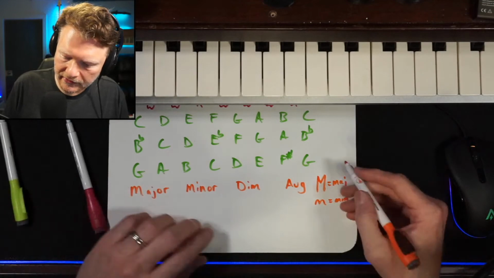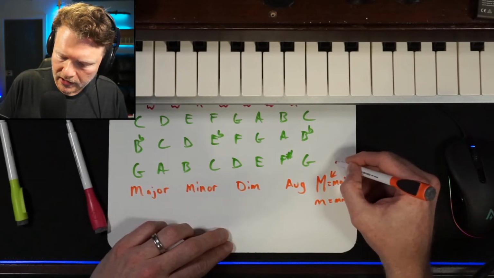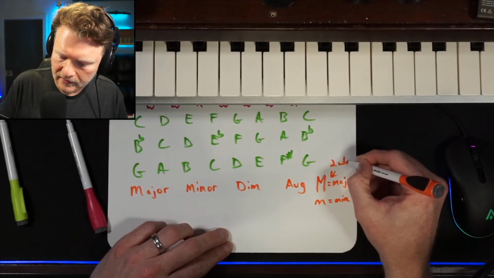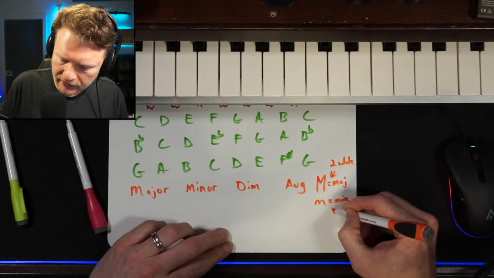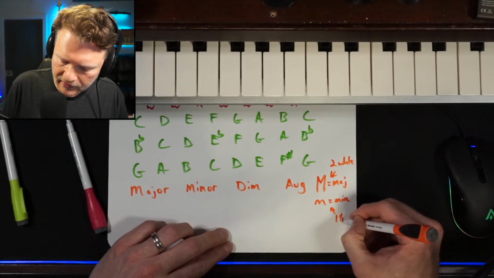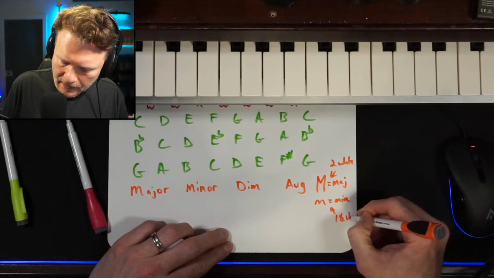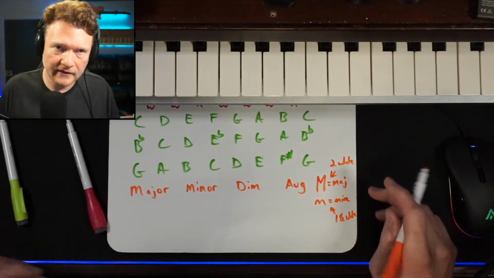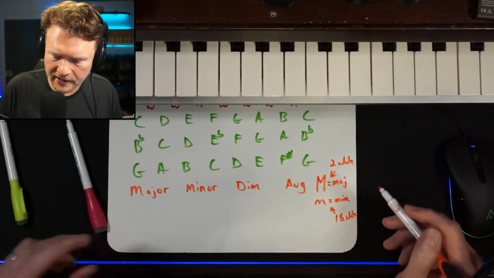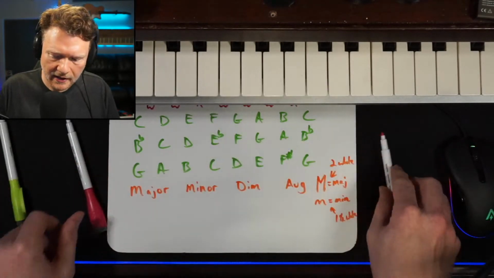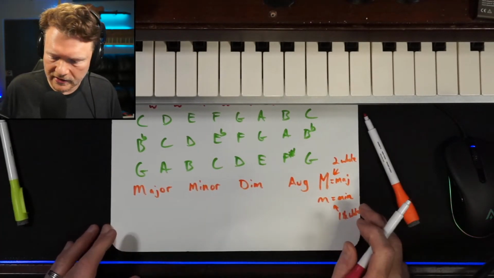And I'm going to write this down here. I'll just put an arrow. 2 whole steps. And then a minor third is going to be 1.5 whole steps. And you could think of it as 4 half steps and 3 half steps if you wanted to, but let me use a different color so it's a little bit easier to think here.